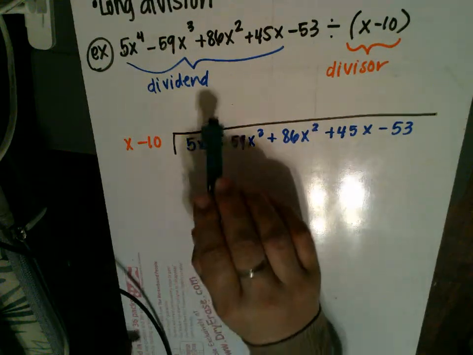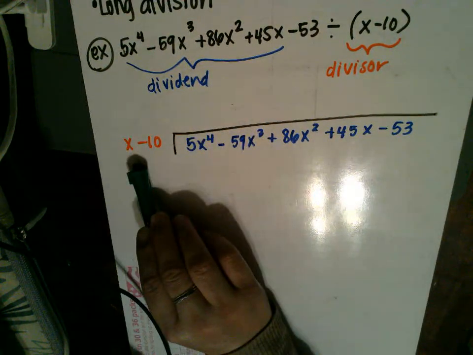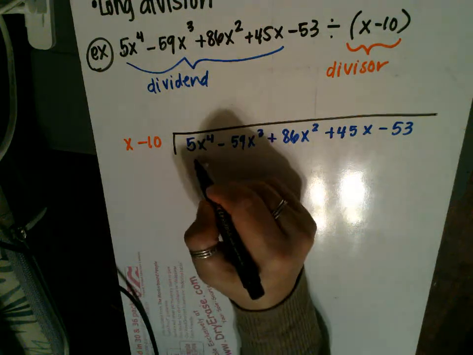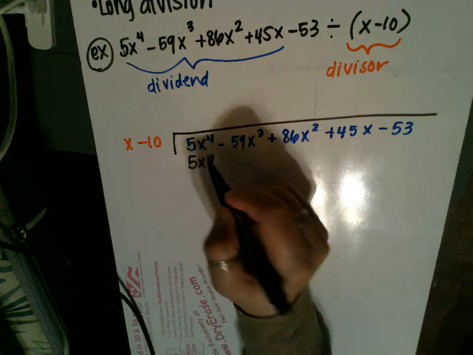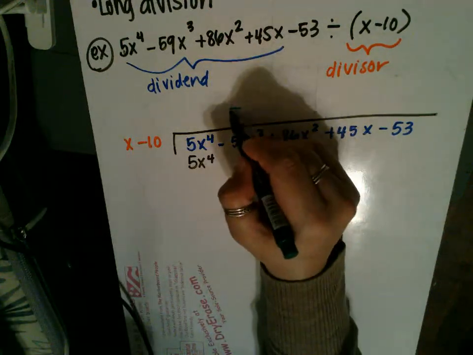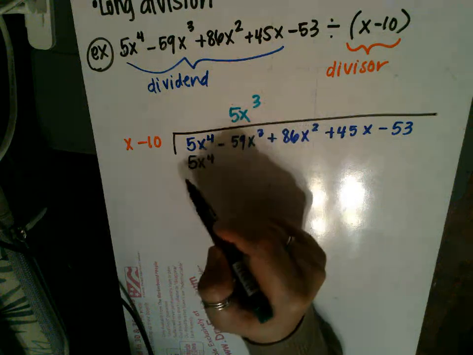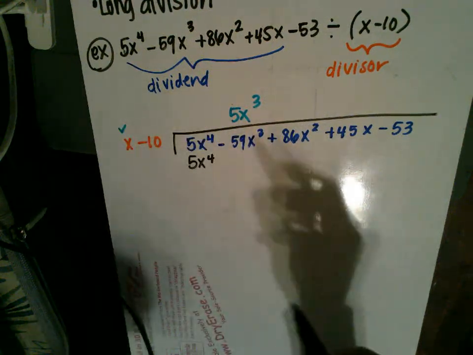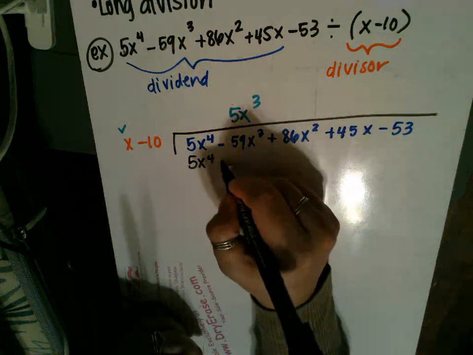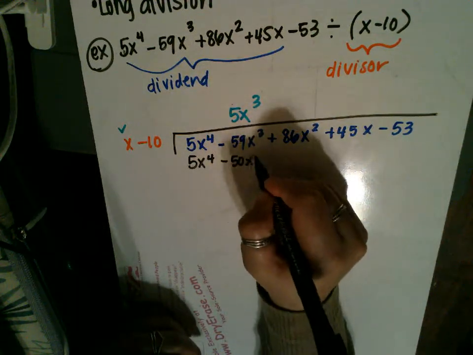I'm trying to figure out what times x minus 10 matches the first term. So 5x to the fourth it is. X times 5x to the third is 5x to the fourth. And 5x to the third times negative 10 is negative 50x to the third.